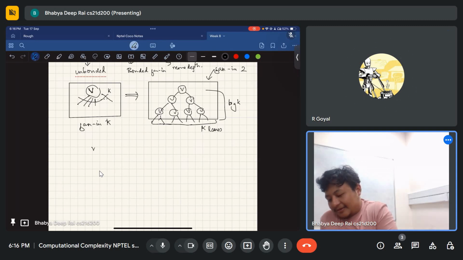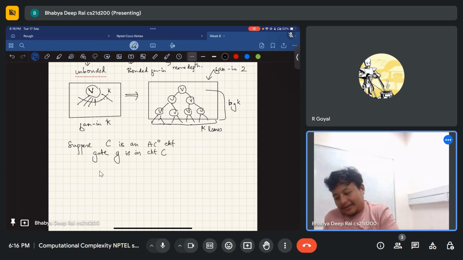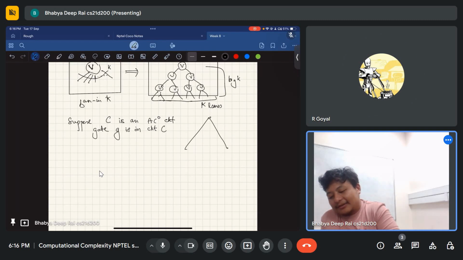Now if there is an OR gate in that AC0 circuit, suppose C is an AC0 circuit, and there is a gate G that belongs to C. G is sitting here in the circuit, and suppose G takes several inputs.